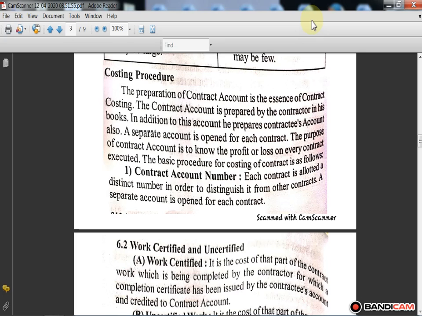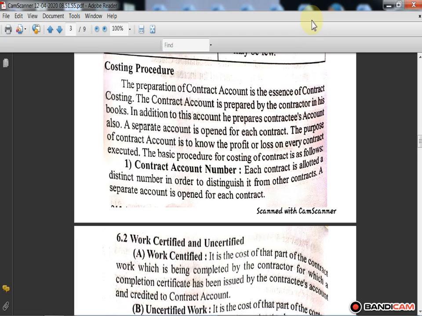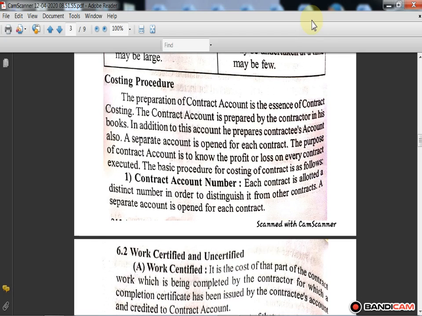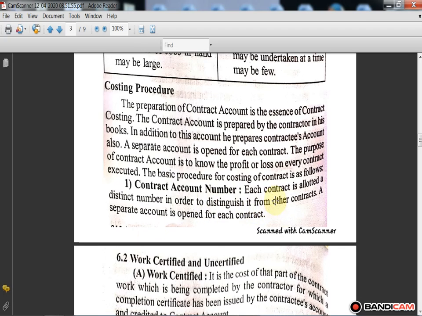Next, the second point is direct cost, which is not given here. Only the necessary information is provided here, but I will explain all the points included in the costing procedure. So the first point is contract account number.